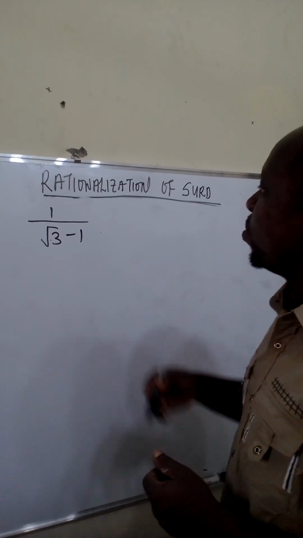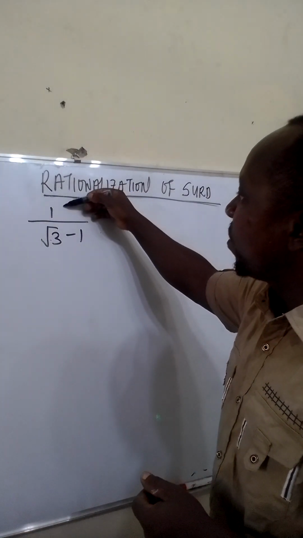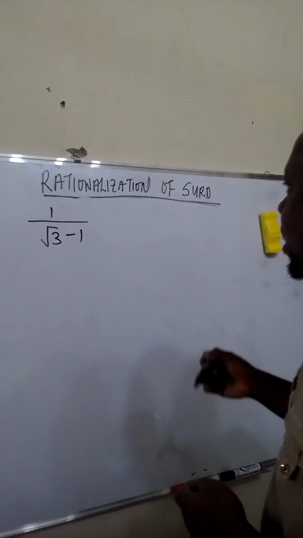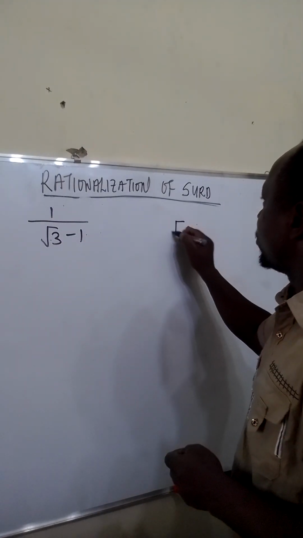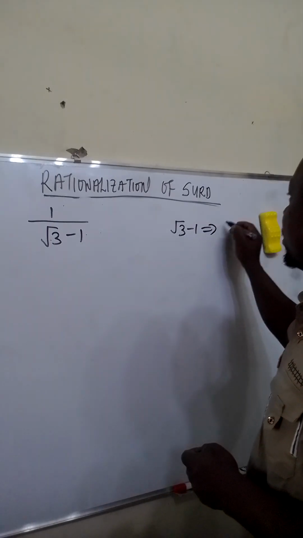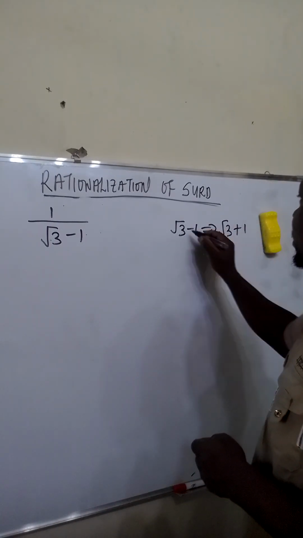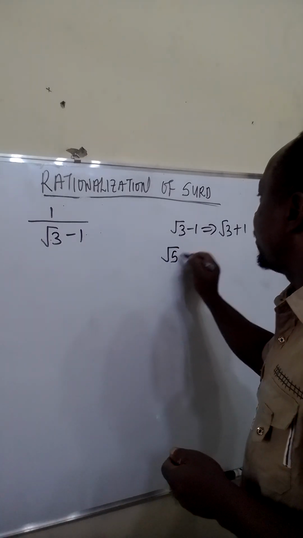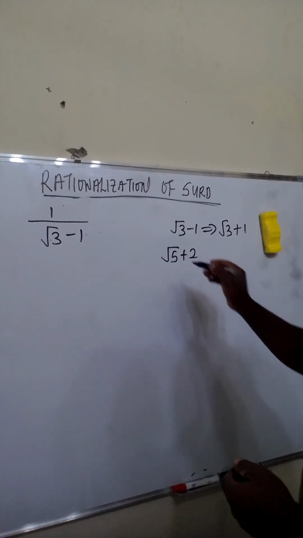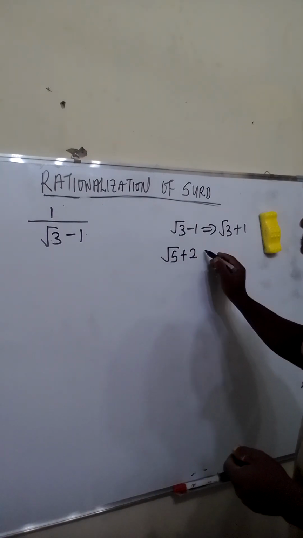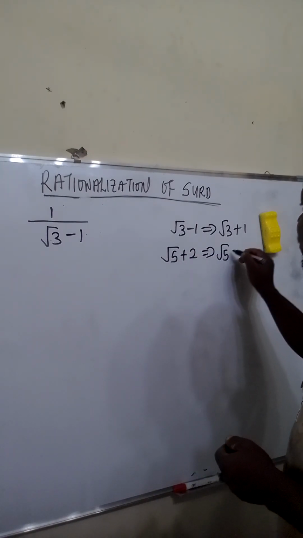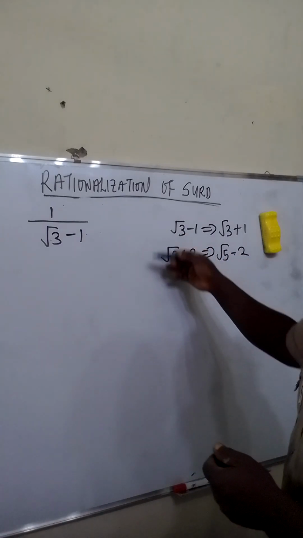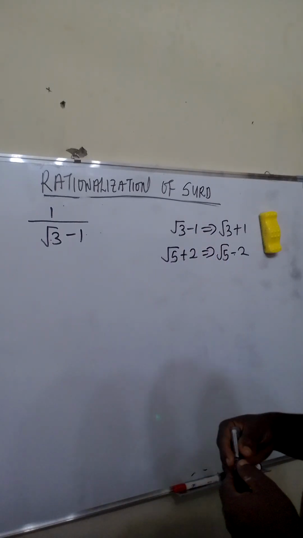The best thing to do is to multiply both the numerator and the denominator by the conjugate of the denominator. Now, the conjugate of root 3 minus 1 is root 3 plus 1. The sign will change. Also, if you have something like root 5 plus 2, the conjugate of root 5 plus 2 is root 5 minus 2. The sign will change. The essence is to eliminate the surd in the denominator.